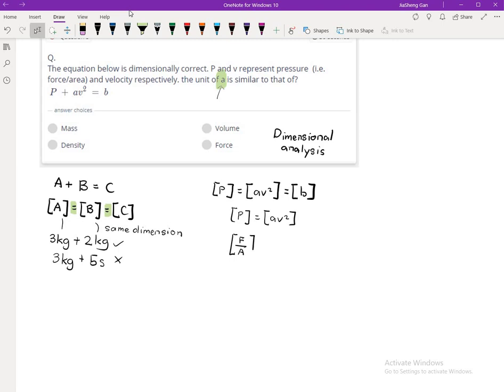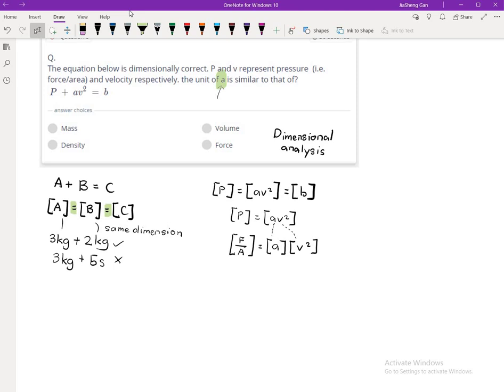Pressure is basically force divided by area, probably something learned in SPM. AV square, you can break it into the dimension of A multiplied with the dimension of V square. Just know that if something is multiplied together, the dimensions also multiply together. If we add two things together, then the dimensions have to be equal.